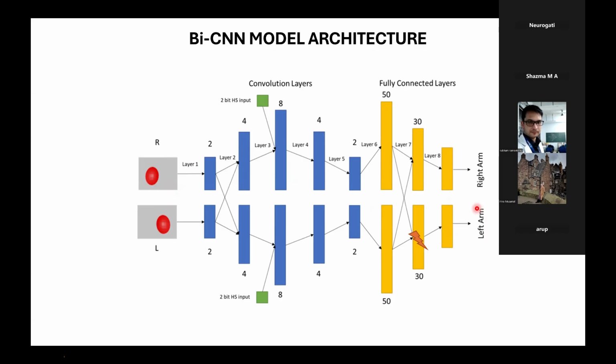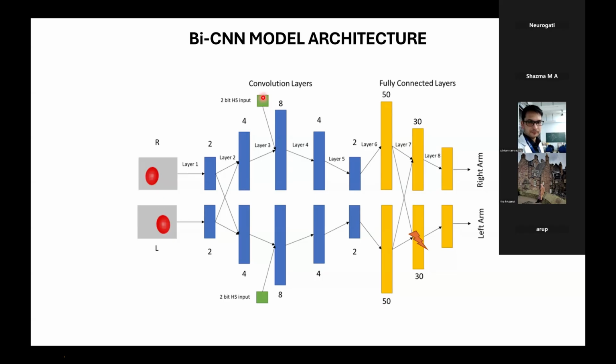Ma'am, can you explain this hand selection input? What does that mean, just intuitively? Those green squares basically just tell you which of the two hands to move. For example, if you want to reach a bottle on your desk, and you have both arms on your desk, and the bottle is on the left side, then you know that using your left hand to reach the bottle is going to be easier.